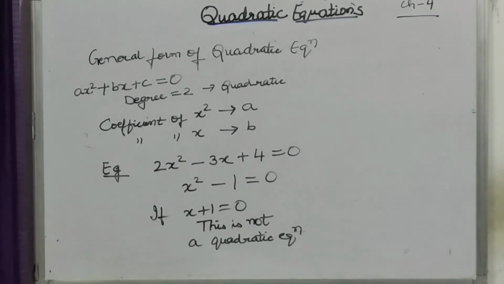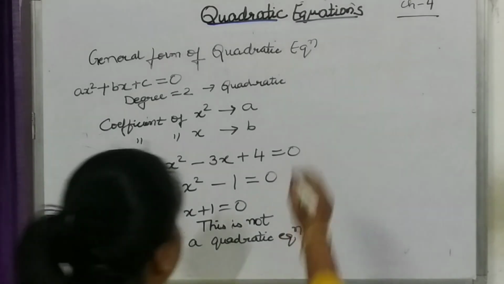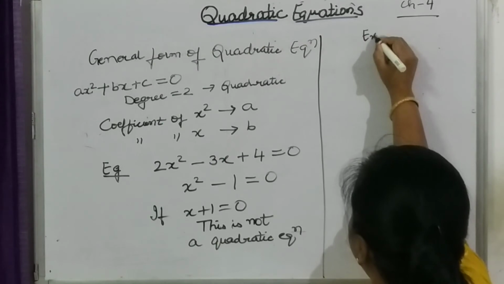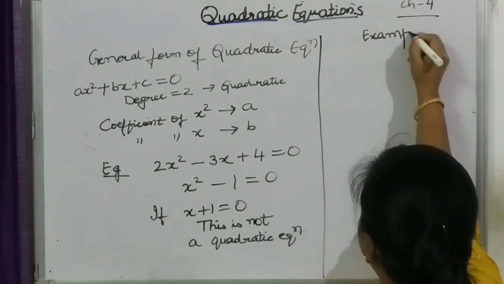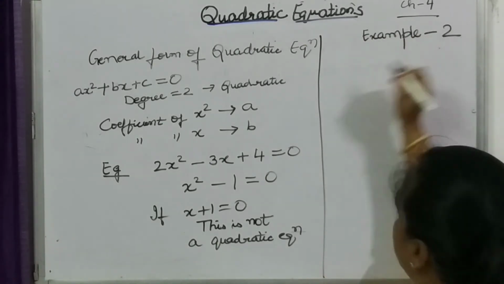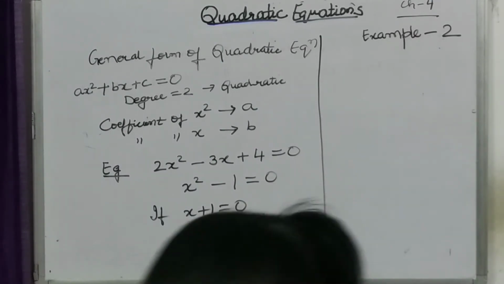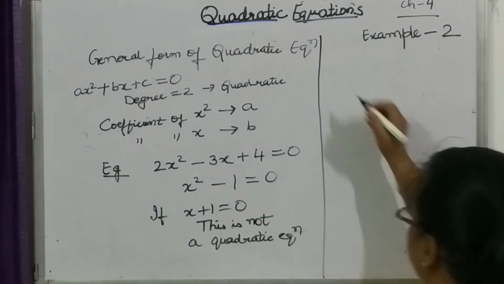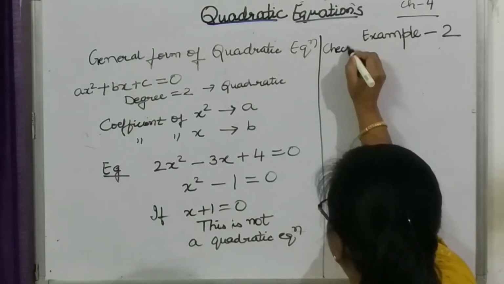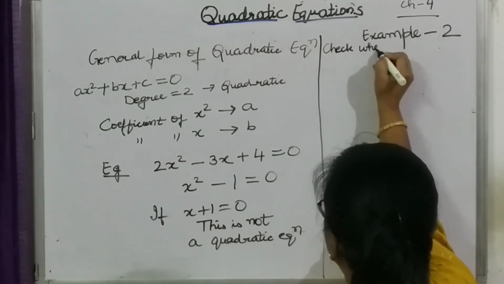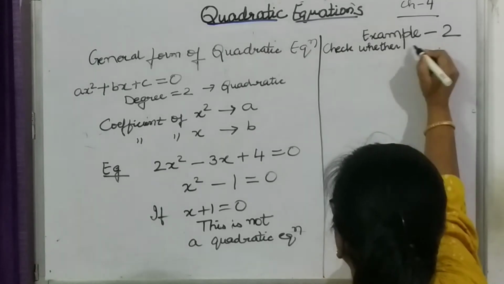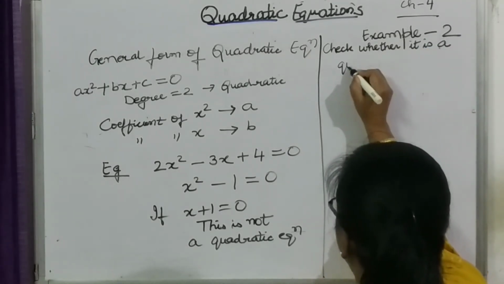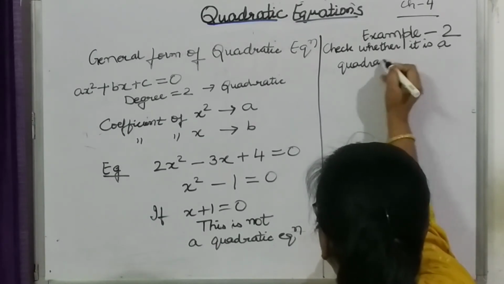I am talking about example 2 first. It says: check whether the following are quadratic equations.